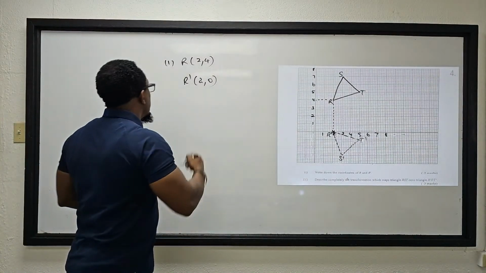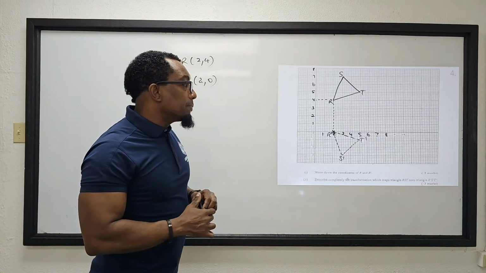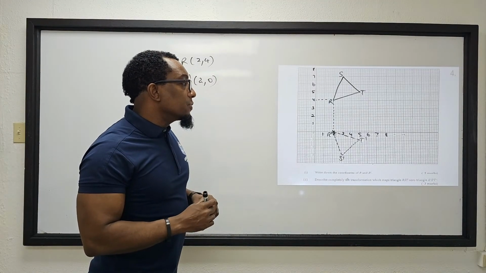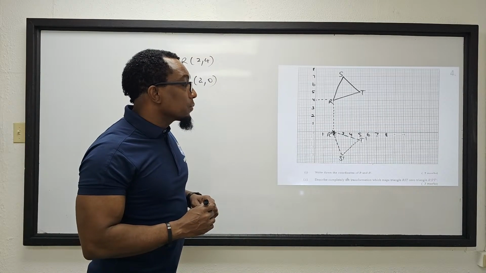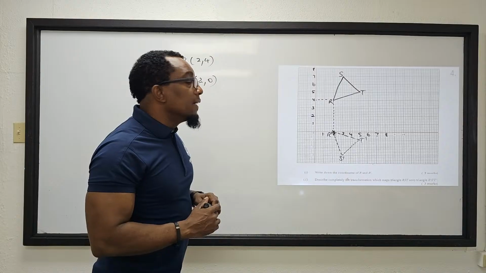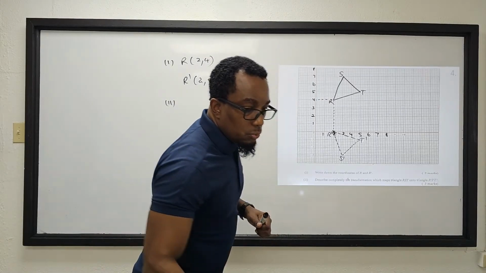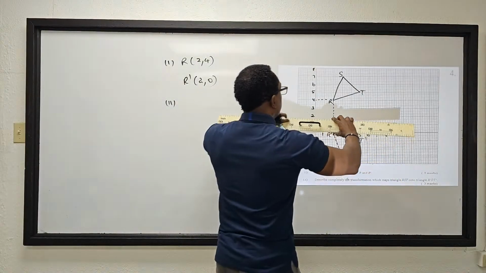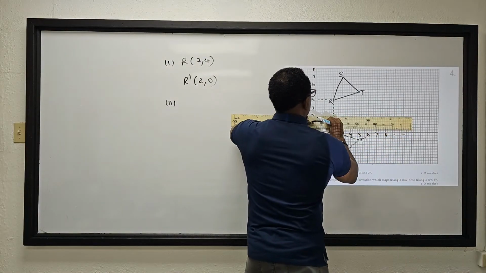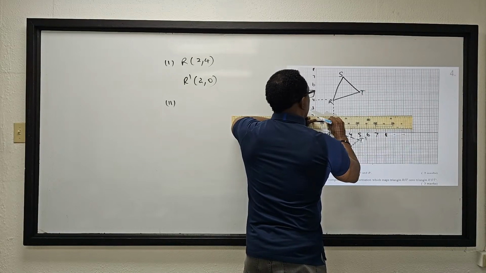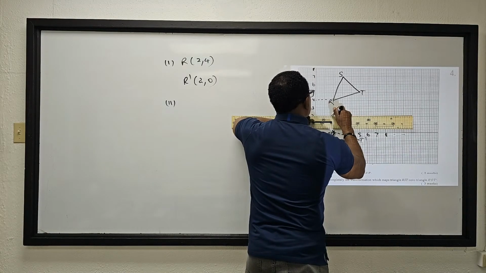Let's look at the next part of this question, part 2. Describe completely the transformation which maps triangle RST onto triangle R prime S prime T prime. That simply will be a reflection in the line y equal to 2. So the line y equal to 2 is here. This will be a horizontal line passing through 2 on the y-axis.